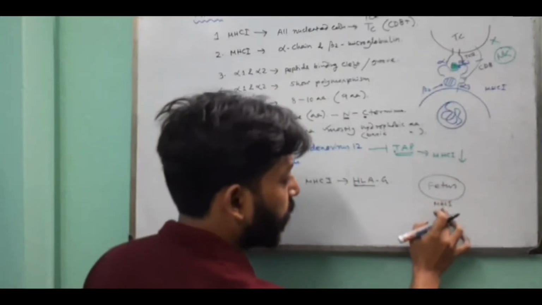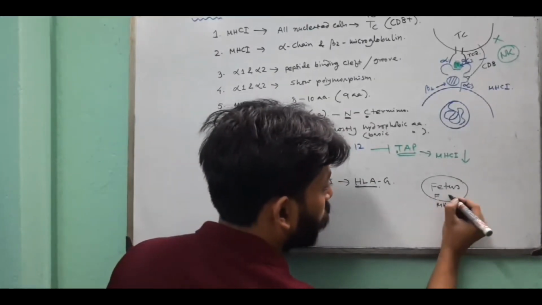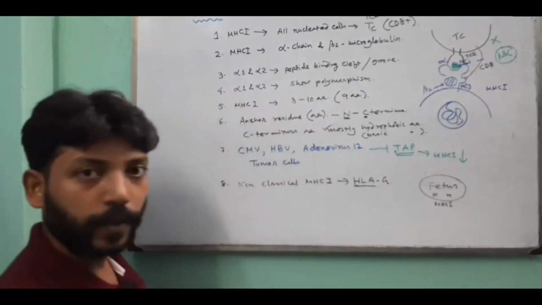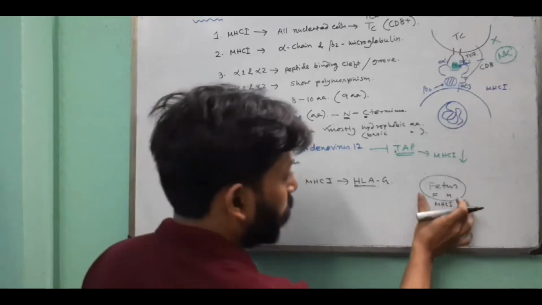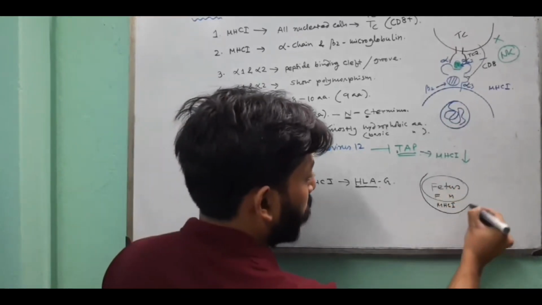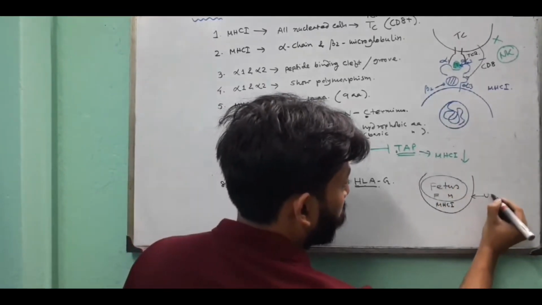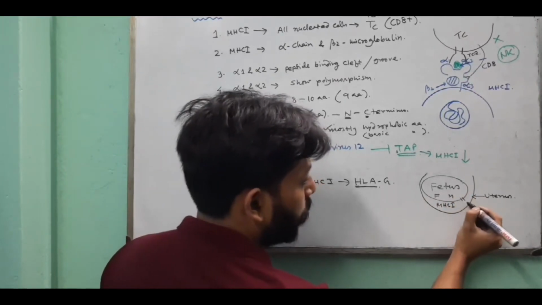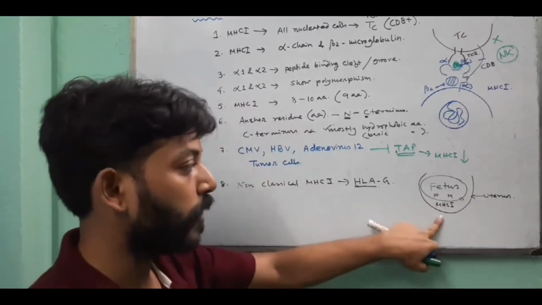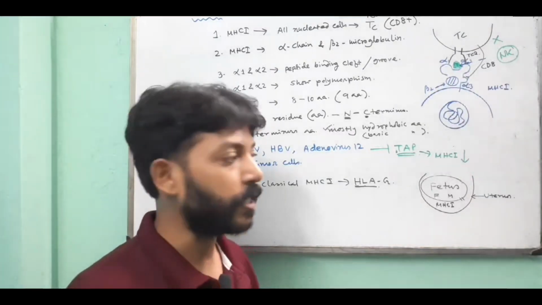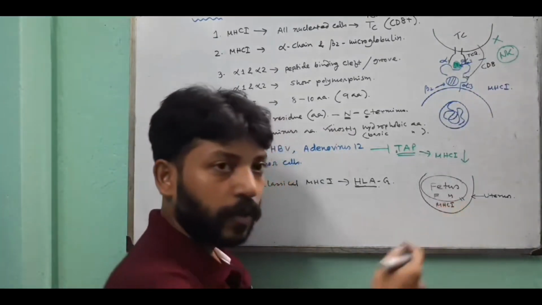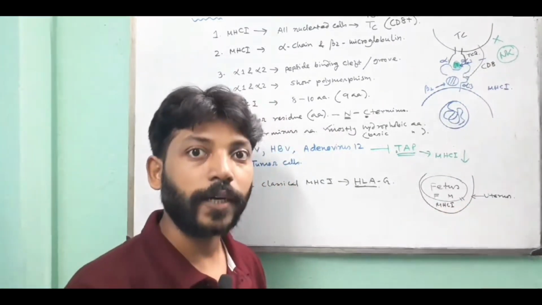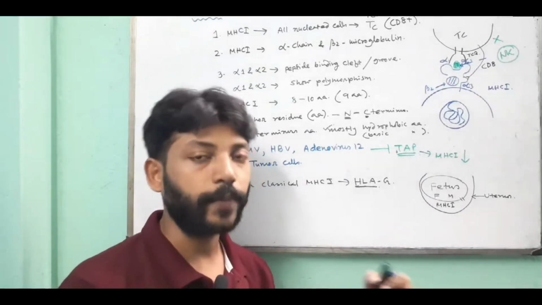So the fetus can express MHC 1 from the father chromosome and the mother chromosome. The fetus is present in the uterus of the mother. As I have mentioned, MHC molecules can be inherited co-dominantly. It means a fetus cell can express both the MHC molecule from father chromosome and mother chromosome.